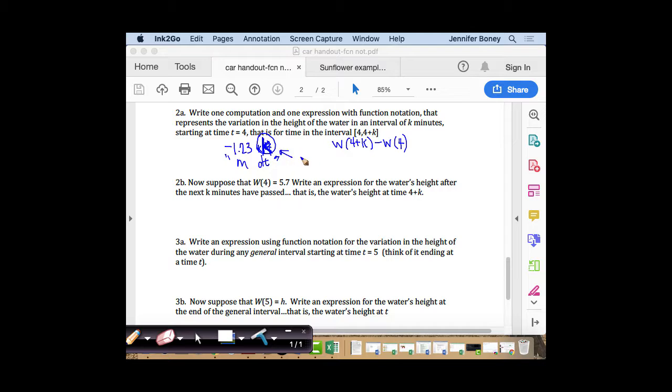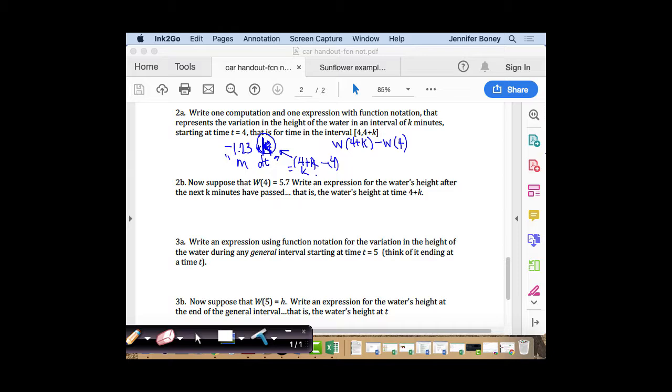If I think final minus initial, that result is here, K. So K is the number of seconds that elapse during that time interval. And so if K seconds go by, then the water would decrease by 1.23 times K, regardless of what K is.